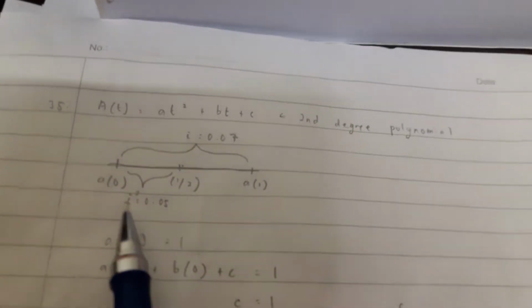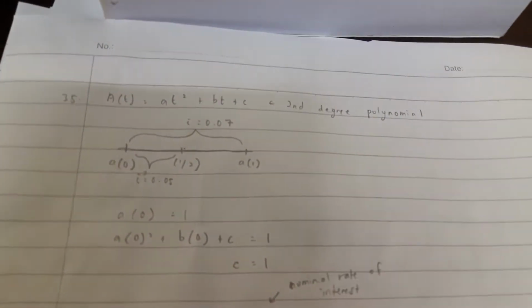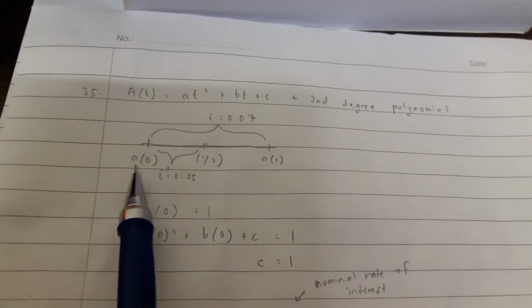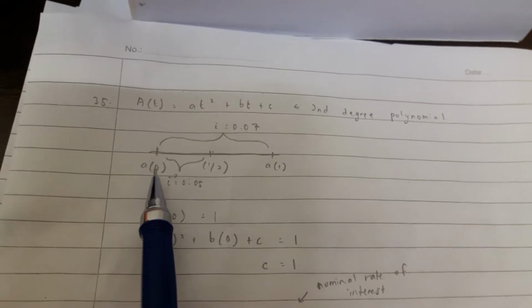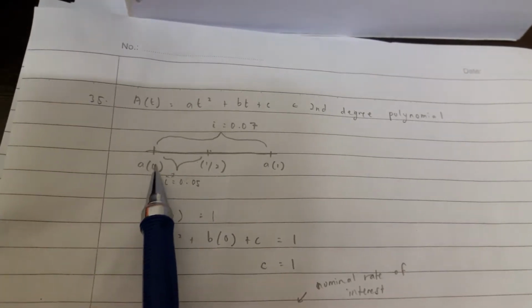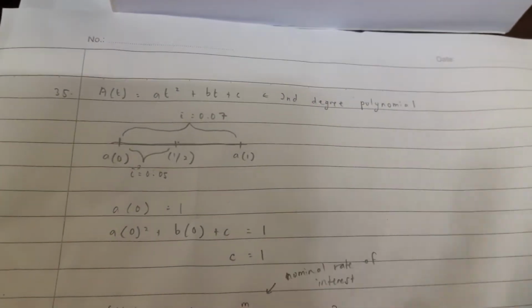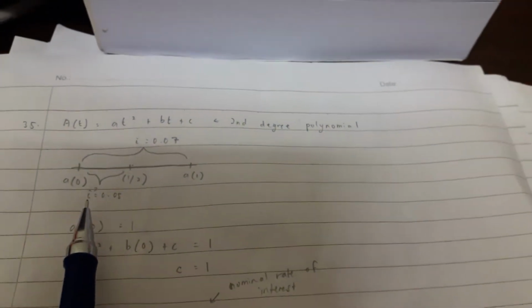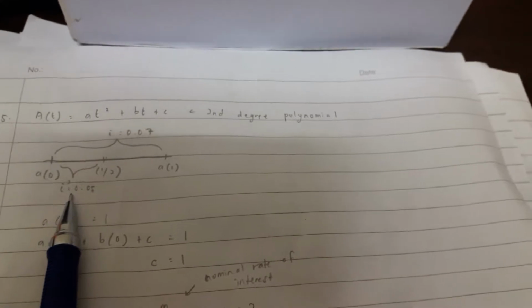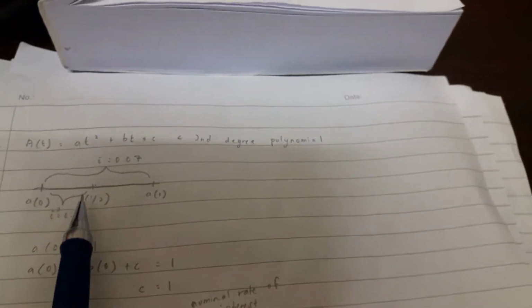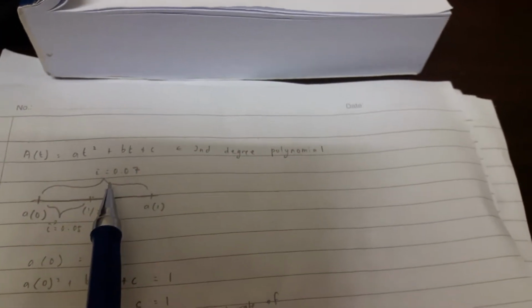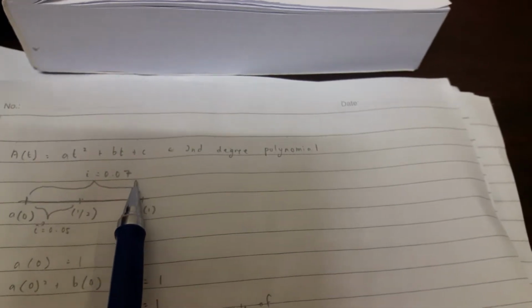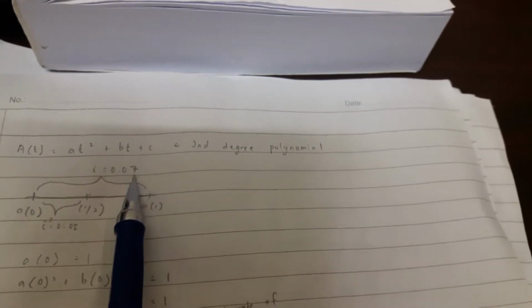You draw the timeline first of a(t) with the time 0, and this is the interest for the first half of the year, 0.05, and this interest of 0.07 is earned for the entire year.